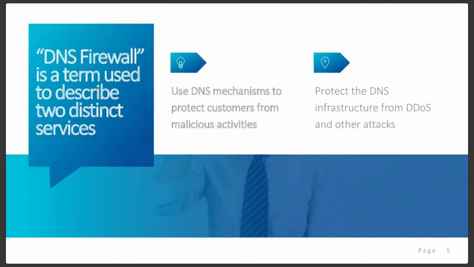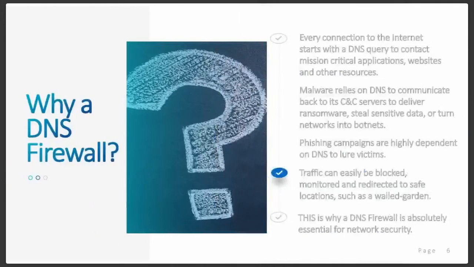Whereas some companies are calling DNS Firewall the service they provide to protect the DNS infrastructure, for example the DNS servers, from DDoS attacks. So that's the distinction. We are talking about DNS as a mechanism of protection, not protecting DNS from other threats.